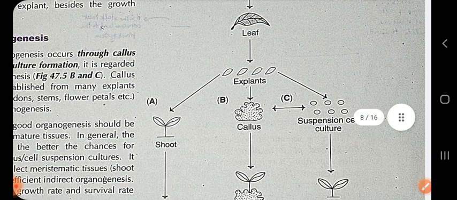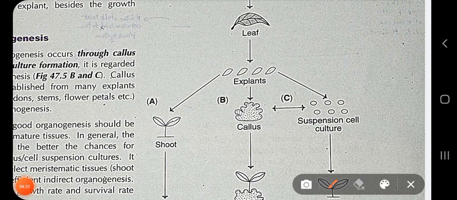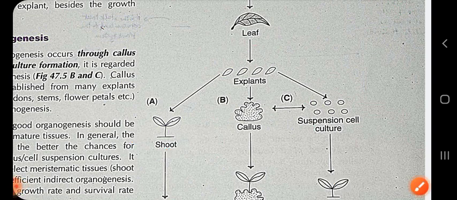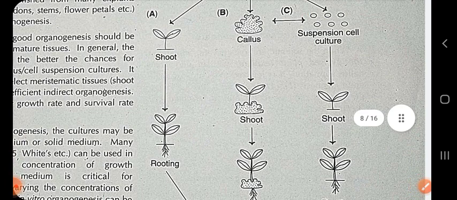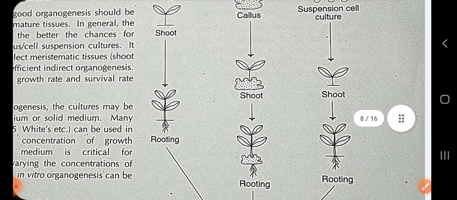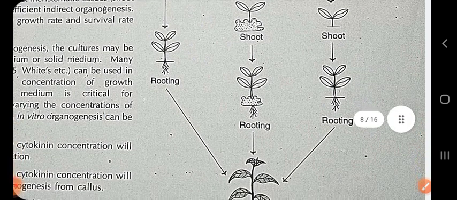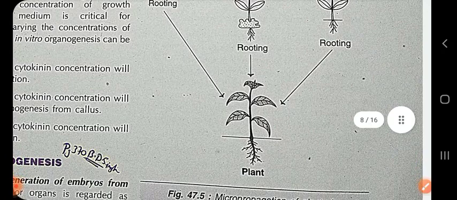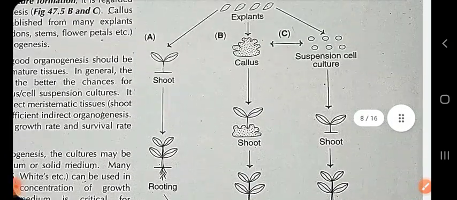So the direct organogenesis is this part, where you can see that shoot formation is occurring directly from the leaf substance. Then after shoot formation, subsequent subculture is done for the formation of root in that plant, and subsequently we get the whole plant. So that is the direct organogenesis.